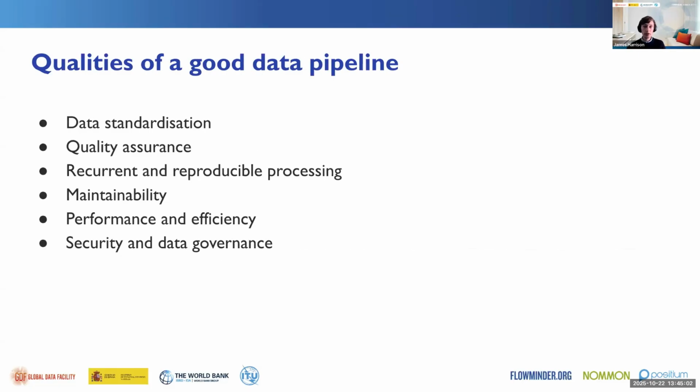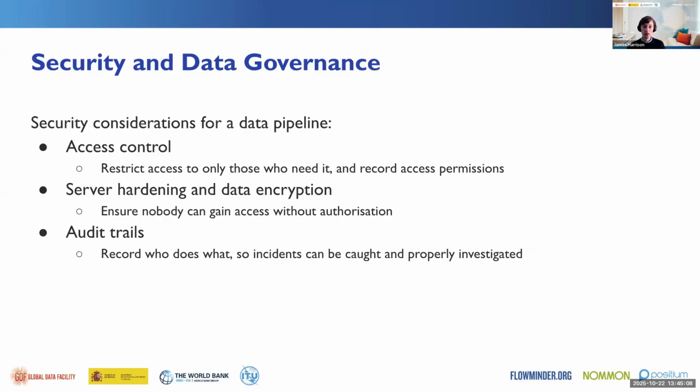And the final point for qualities of a good data pipeline, security and data governance. So the various security considerations we'd want to take into account for a data pipeline. Access control is a key one. We're dealing with sensitive data here, MNO data, sensitive personal data. We need to make sure that only the necessary people have access to the data.